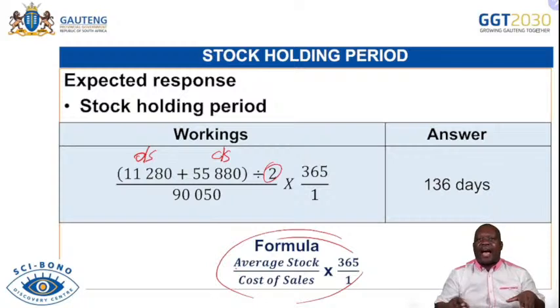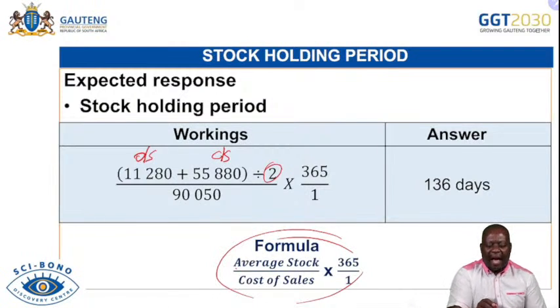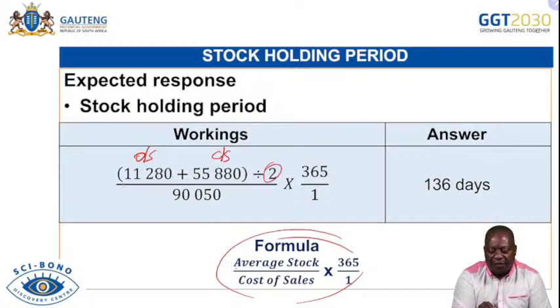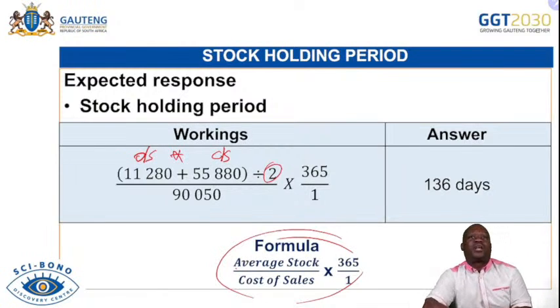Just for you to know, the average figure is going to be a figure between 11 and 55,000. It's going to be somewhere in between. That's how you can see if your calculator is not playing games with you.